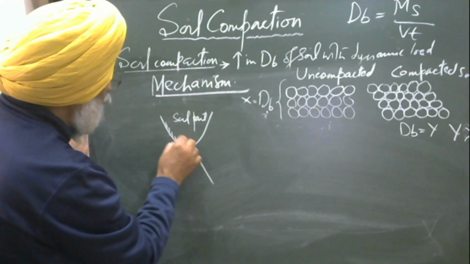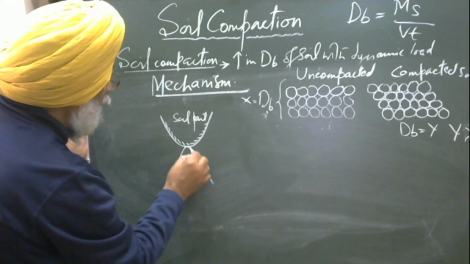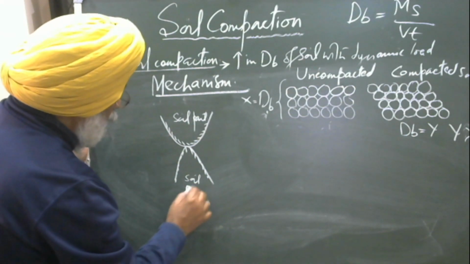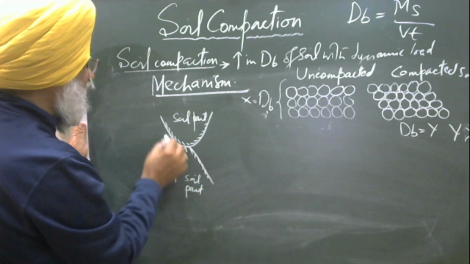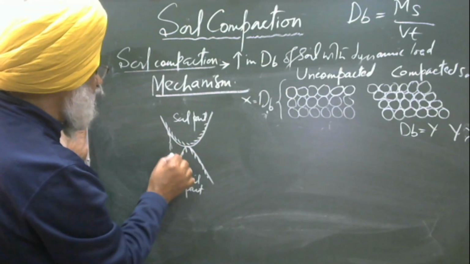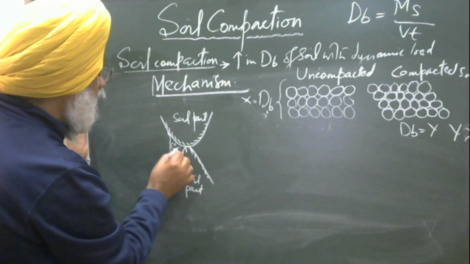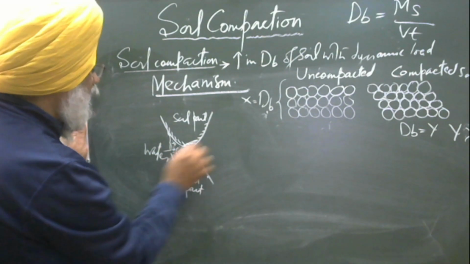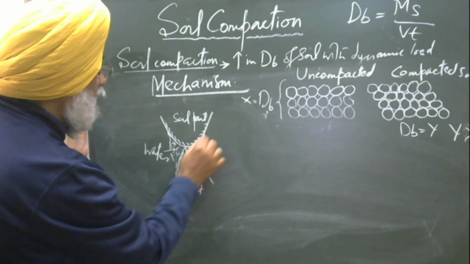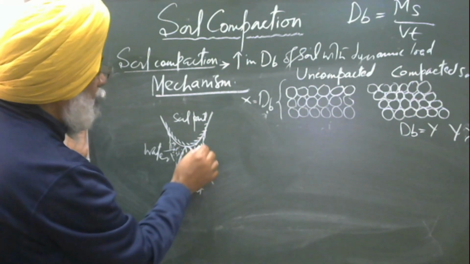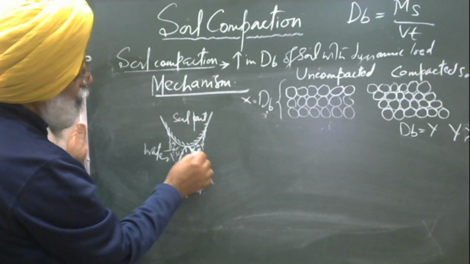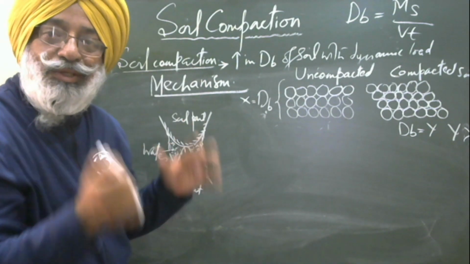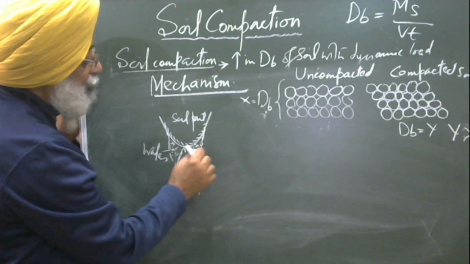And this is pore space, and some of the pores are occupied by liquid, say water, and similarly over here water, because when water enters the soil, it makes films around the soil particles, and then it keeps getting filled.